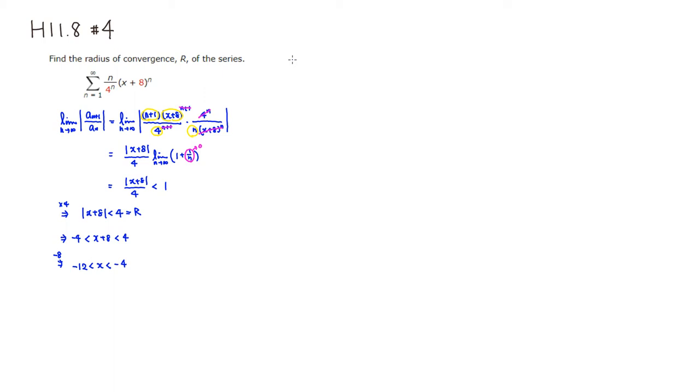In this case, I'm going to look at the left endpoint, when x is exactly equal to negative 12. Then the series is going to look like this: the sum as n goes from 1 to infinity of n over 4 to the n, times negative 12 plus 8, which is negative 4 to the nth power.